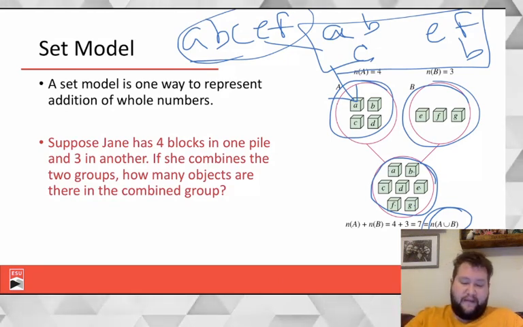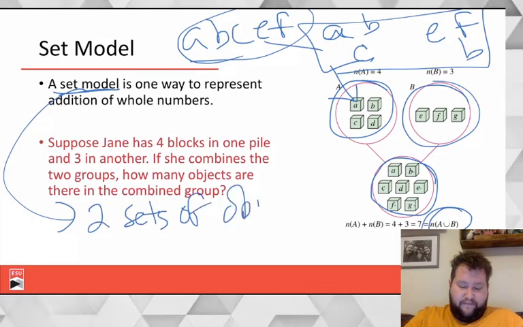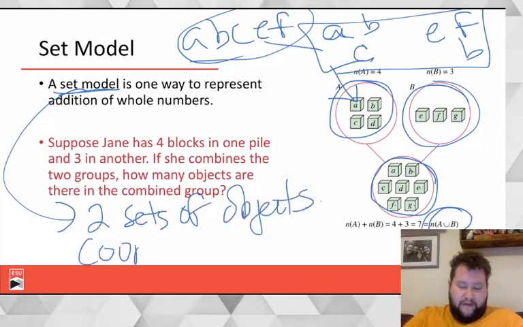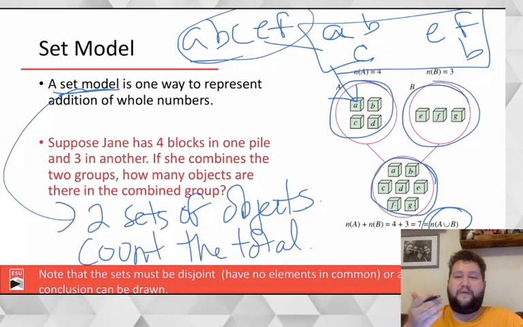But what I want you to think about is set model. We have 2 sets of objects. Count the total. That's pretty much where we start in terms of thinking about addition.